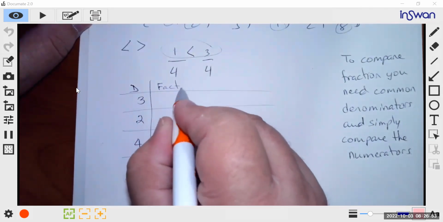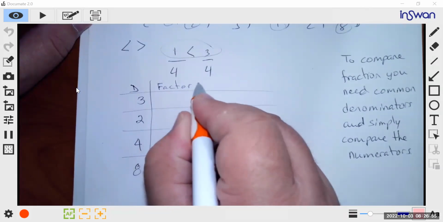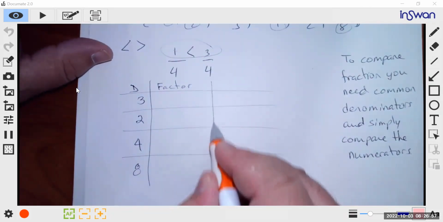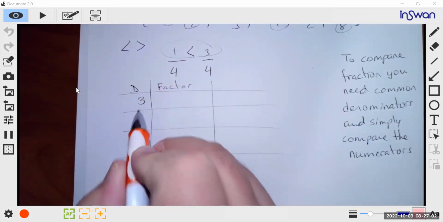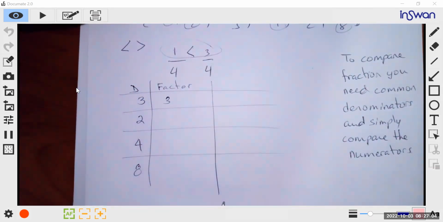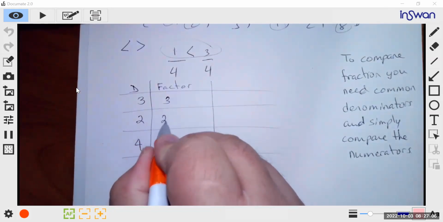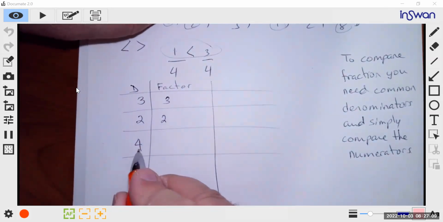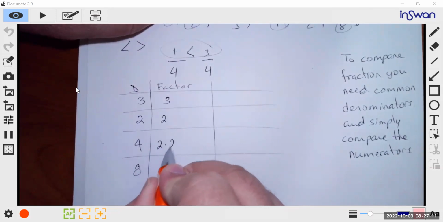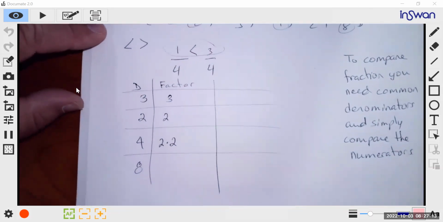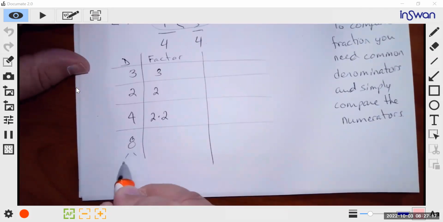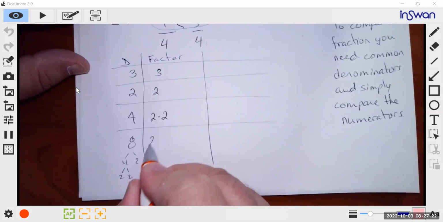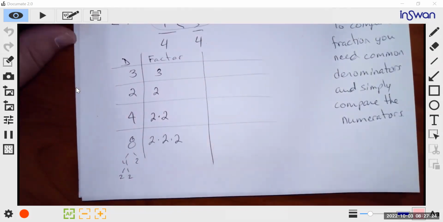Very good. Factor them. Prime factorization, very good. 3 is a prime number, so you're done there. 2 is a prime number, you're done there. 4 is made up of 2 times 2. 8 is made up of 4 times 2, and 4 is 2 times 2, so it's 2 times 2 times 2.